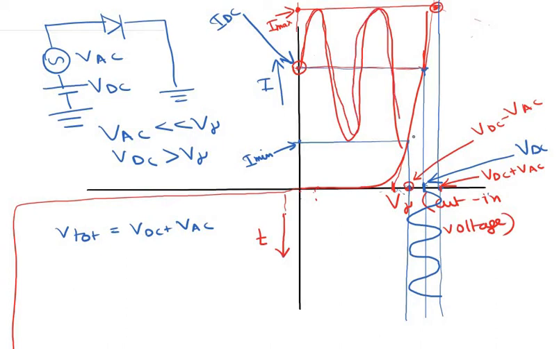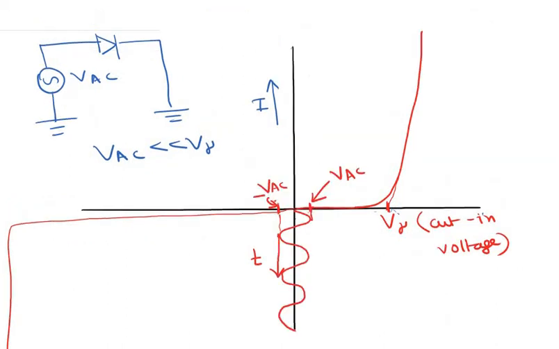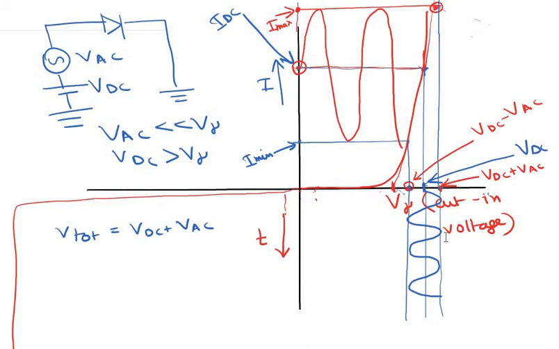Note that earlier, when we were just putting an AC voltage across the diode with the condition that VAC is much less than V gamma, no AC current was flowing through the diode, because the total amplitude of the AC voltage is less than the diode cut-in voltage. Now we have put a DC voltage in series with the AC voltage, so a large AC component of the current flows through the diode.